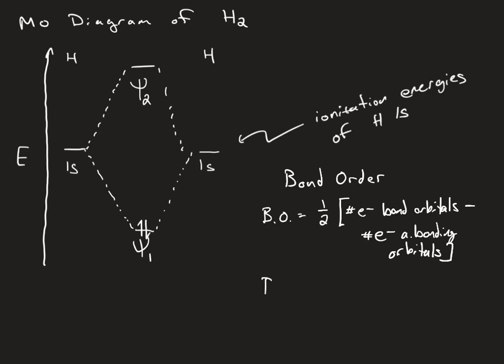So the bond order for H2 is equal to 1/2 of 2 minus 0, so that equals 1. A way in which we can think about this is that there's single bond character between the 2 hydrogen nuclei. So the H2 bond is a single bond.